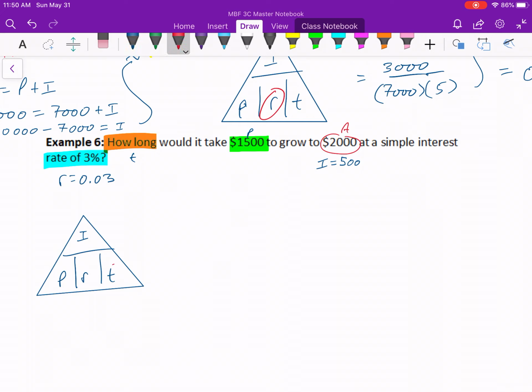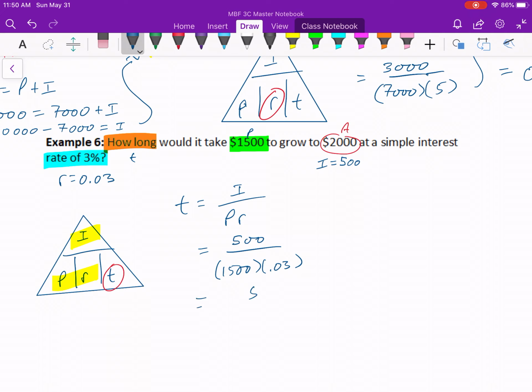So if we're being asked to find T, the formula becomes T equals I over PR. We said that I was 500, P is 1,500, R was 0.03. Work out the bottom first.